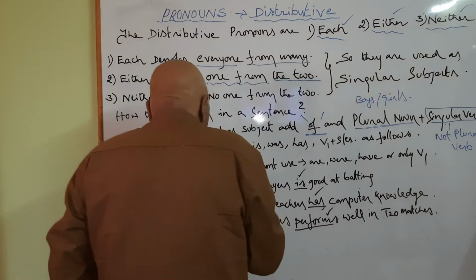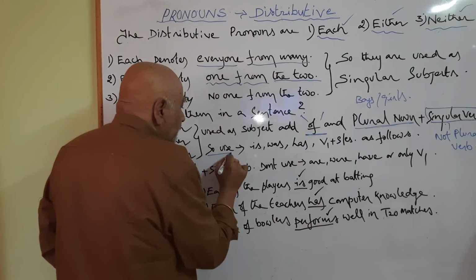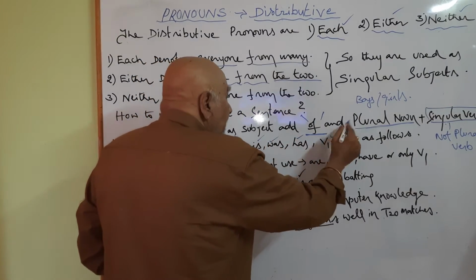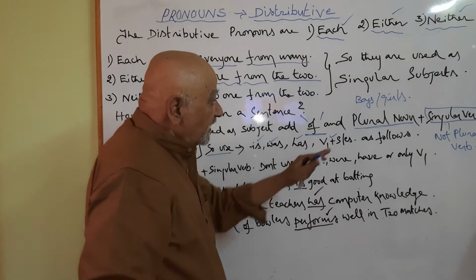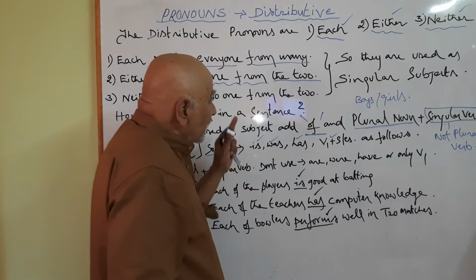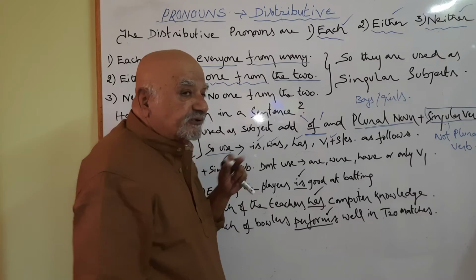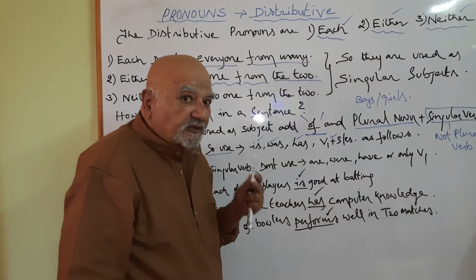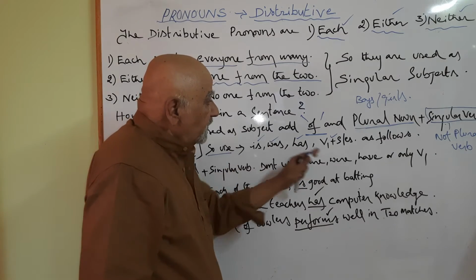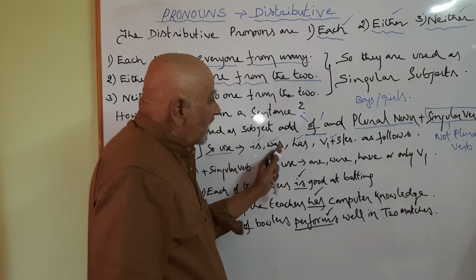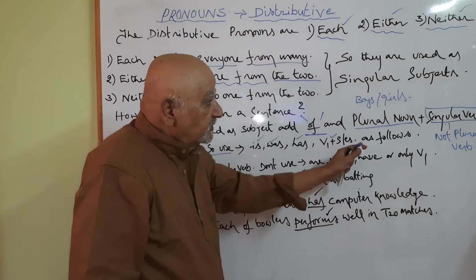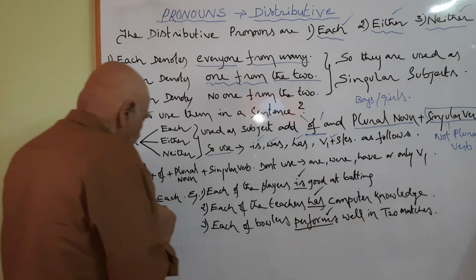You see here. So, use is, was, has, V1 plus s or es. These are all singular verbs. So, when we use each or either or neither, what verb must be used? Is, was, has, V1 plus s or es, as follows.